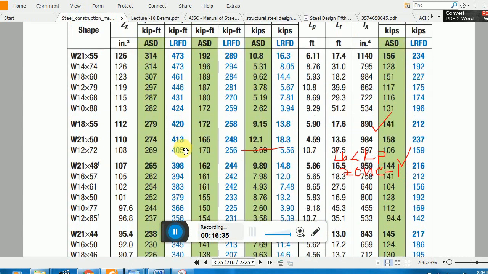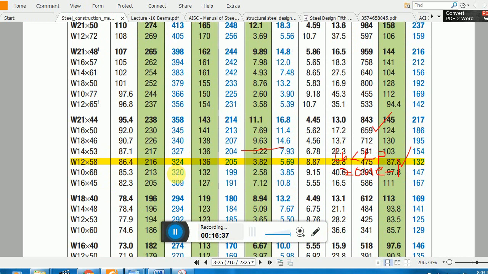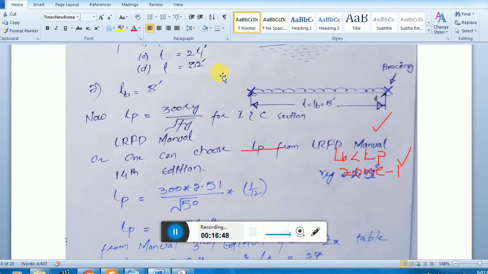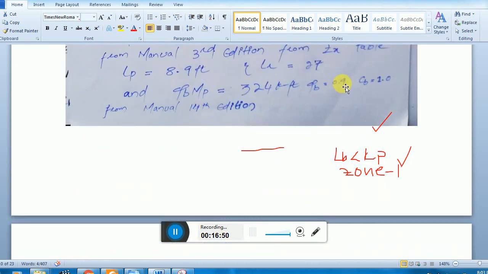So directly you can choose the value from the manual, or you can calculate it. Just find Zx for W12x58, multiply that value with your fy, and then multiply by a factor 0.9. You got the value, that is 324. From the 14th edition manual as well as from the AISC LRFD manual, you can choose this value.